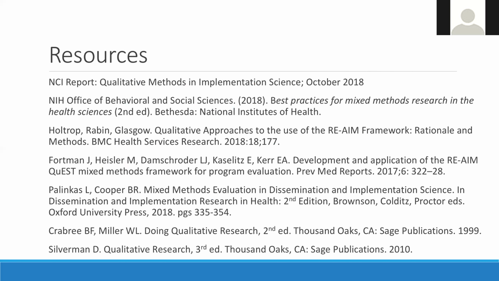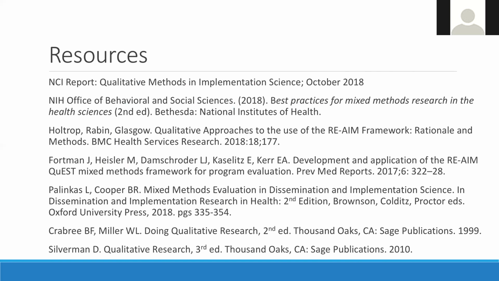I almost always use REAIM as the outcomes and, increasingly, planning framework, and then use other frameworks, models, and theories in combination. For example, you might use REAIM for looking at the different outcomes, and then use CFIR, which I mentioned, to drive your inquiry around the specific implementation aspects more thoroughly.